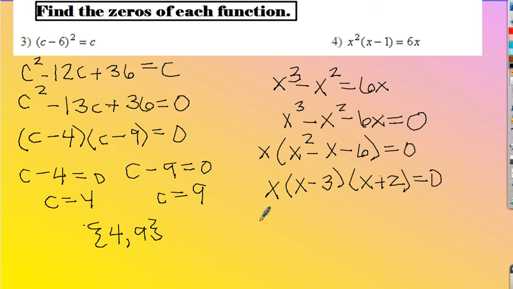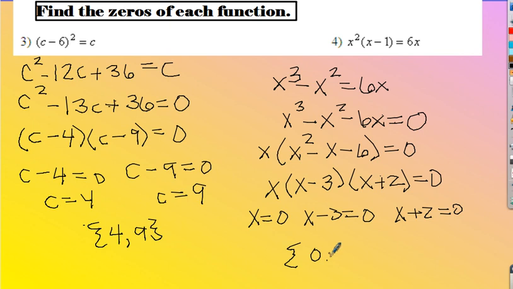That includes this GCF factor. So x could equal 0, x minus 3 could equal 0, or x plus 2 equals 0. So you need to include the 0, the +3, and the -2 that you get from these equations.